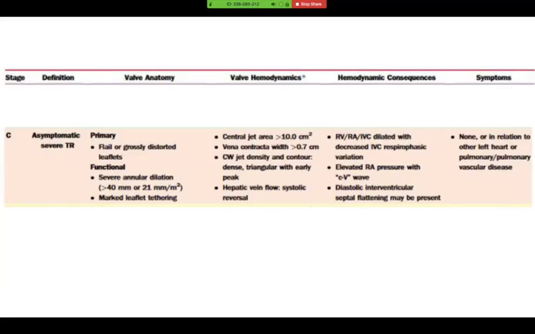Since it is asymptomatic TR, there won't be symptoms, really none. If there are any symptoms, it may be due to left heart or pulmonary vascular disease.